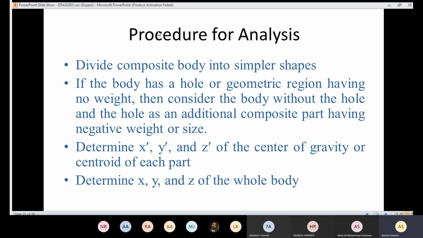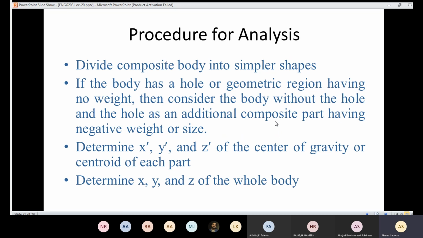Then, if you are going to have a hole, a gap inside your composite body, or a geometric region having no weight, then consider the body without the hole, and the hole as an additional composite part having negative weight or size.